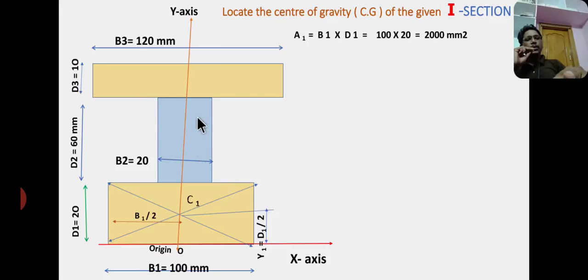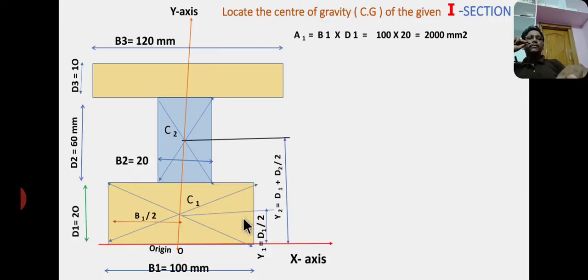Similarly I am drawing the diagonal lines for section 2. So C2 is the centroid of the web at a distance of y2 equal to height of the bottom rectangle plus half of the height of the second rectangle, that is D1 plus D2 by 2. Similarly, I am drawing the diagonal lines for section 3.